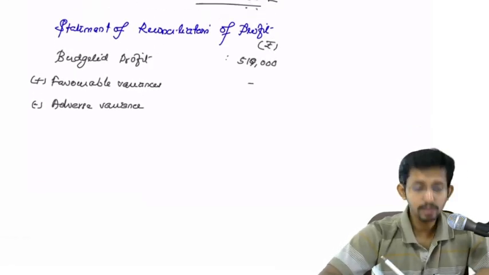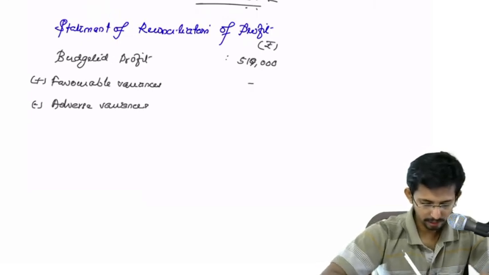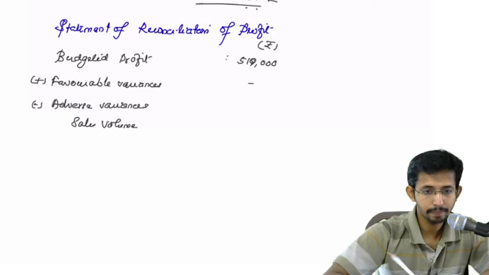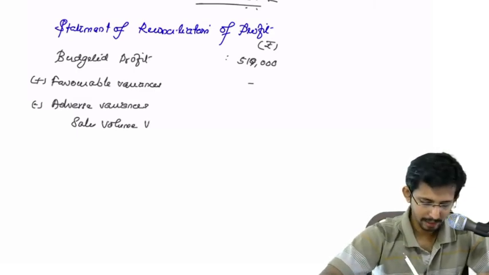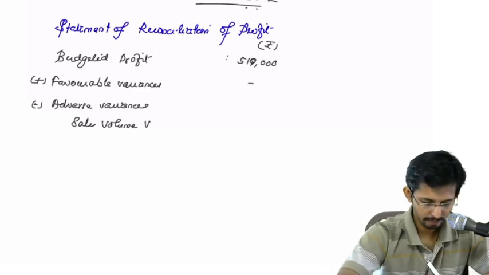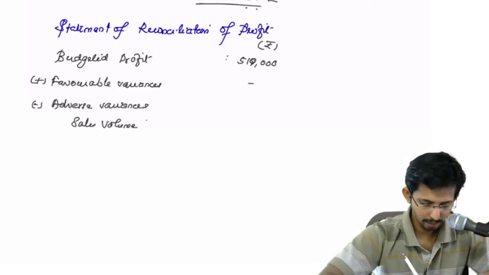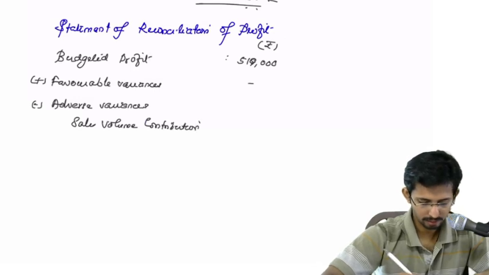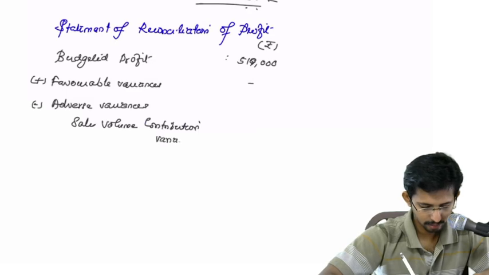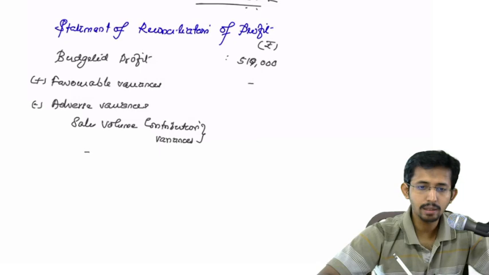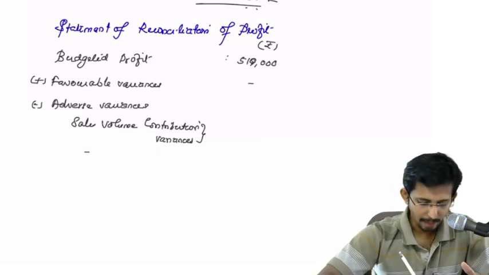So adverse variances, we can start with sales volume variance, or sales volume contribution variance. Under that one is planning, or you can write market size variance.